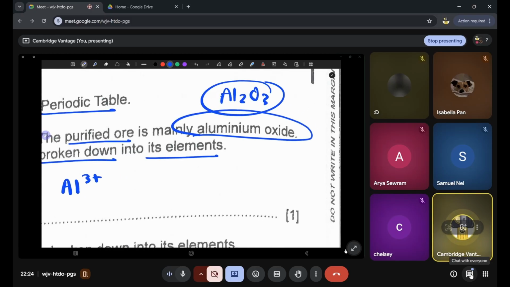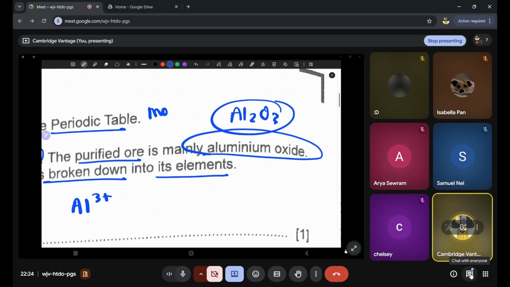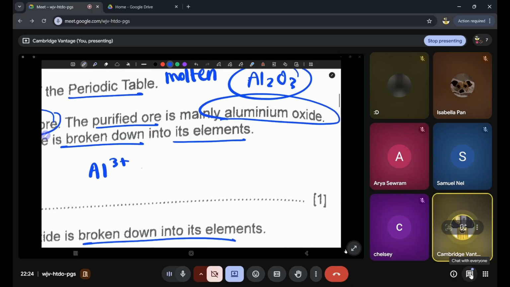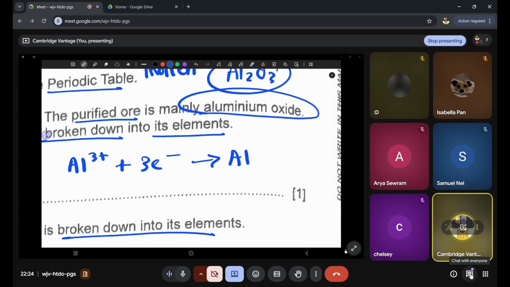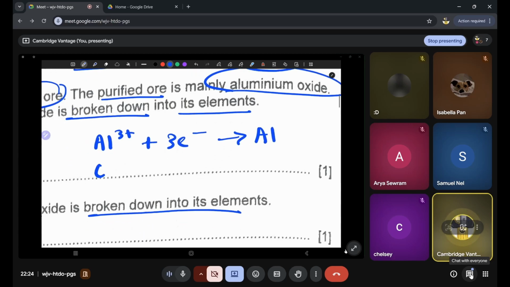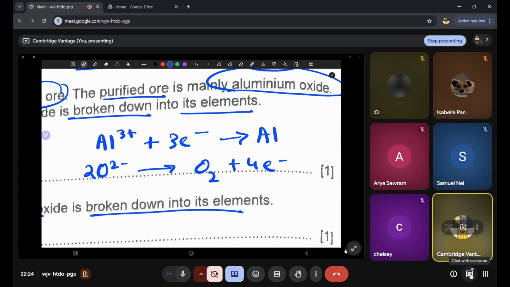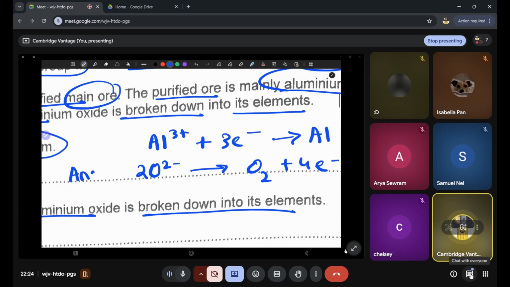The compound that is going to be electrolyzed is molten Al2O3. So Al3 plus ions are going to gain 3 electrons to give you aluminum, the one that you're desiring. And then oxygen, O2 minus, is going to be produced at the anode. So this is the anode equation, and this is the cathode equation.